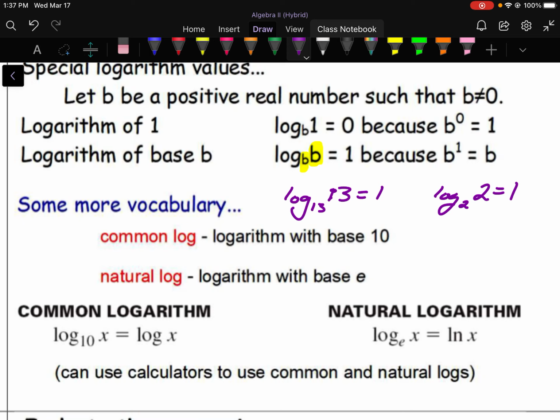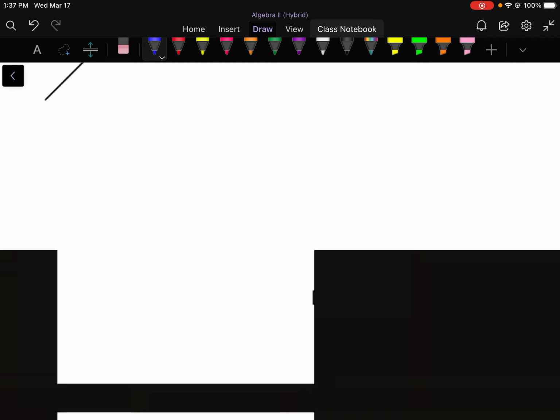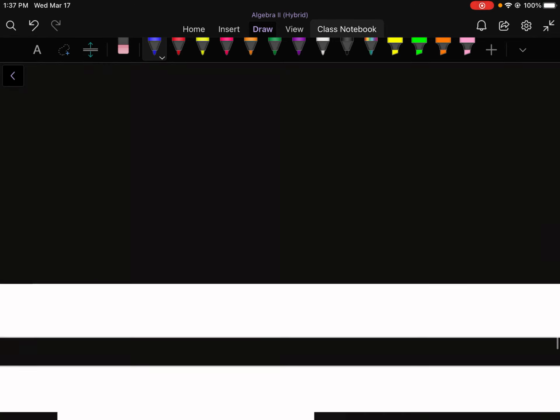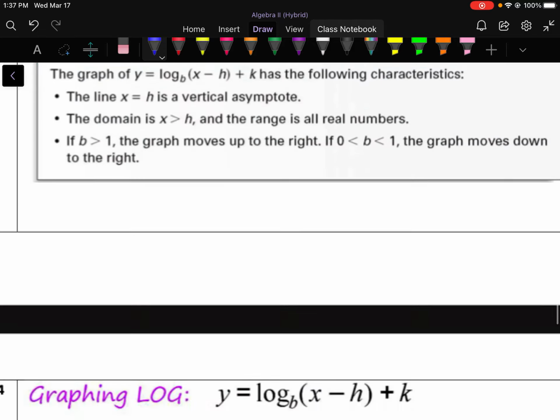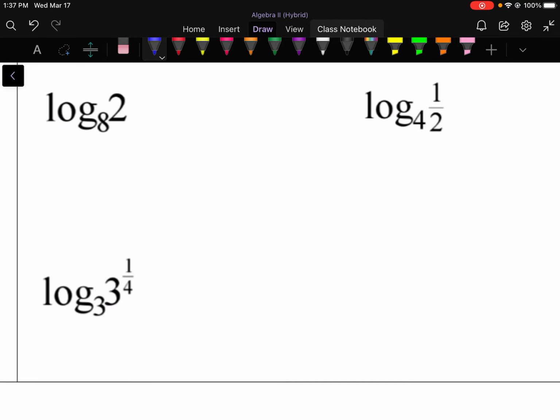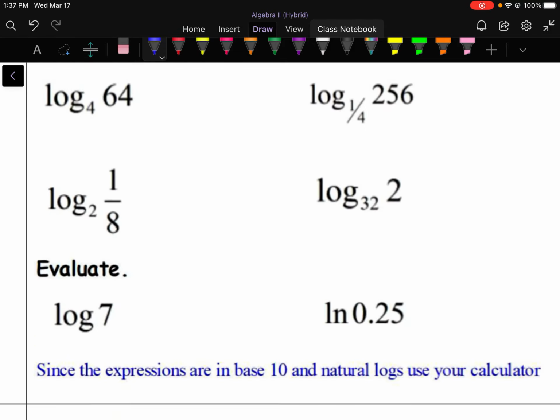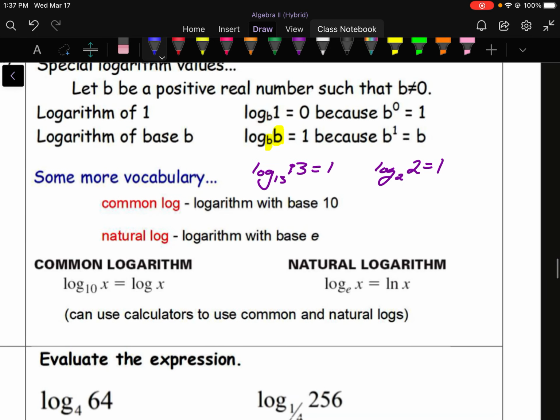All right. So we have common logs and natural logs here. Common log is a log with a base of 10. Those of you that took your ACT probably saw logs on there, and they were probably worded something like, evaluate log of 100.